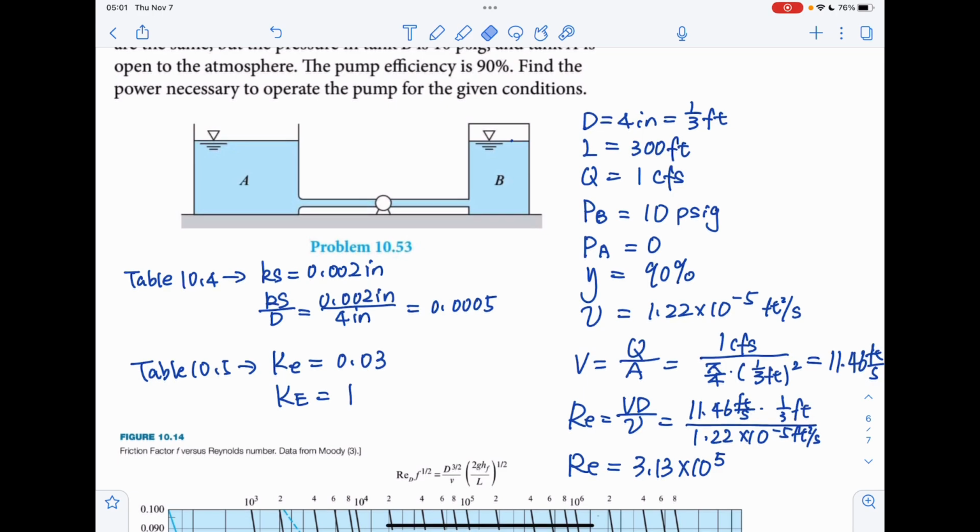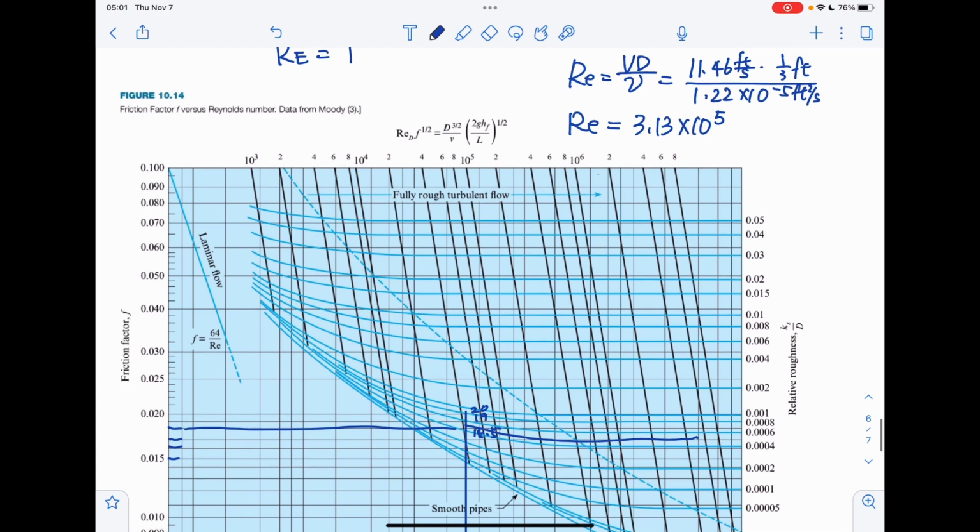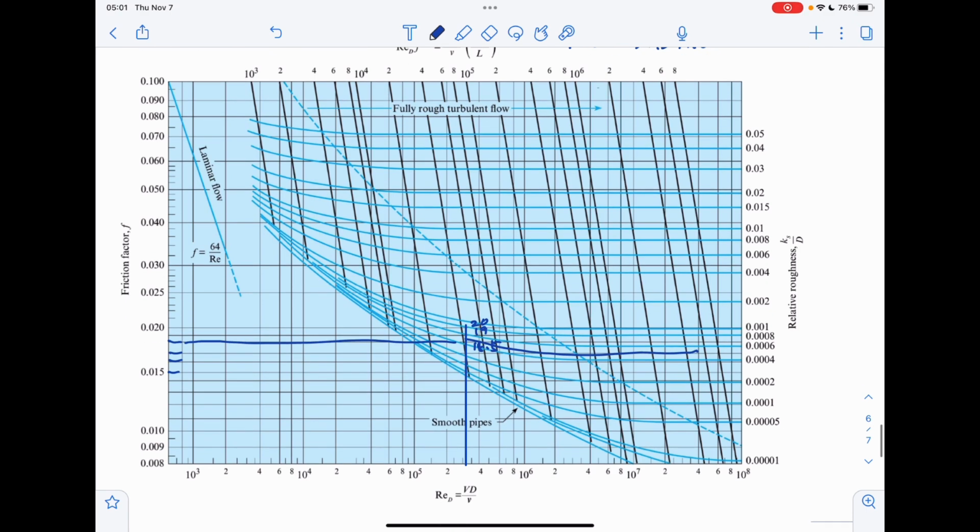Now we have the relative roughness, which is this one, and the Reynolds number. We can use them to find our friction factor f. If we look at the figure here, the Reynolds number 3.13 should be somewhere here. So we draw a straight line, and the relative roughness is 0.0005.